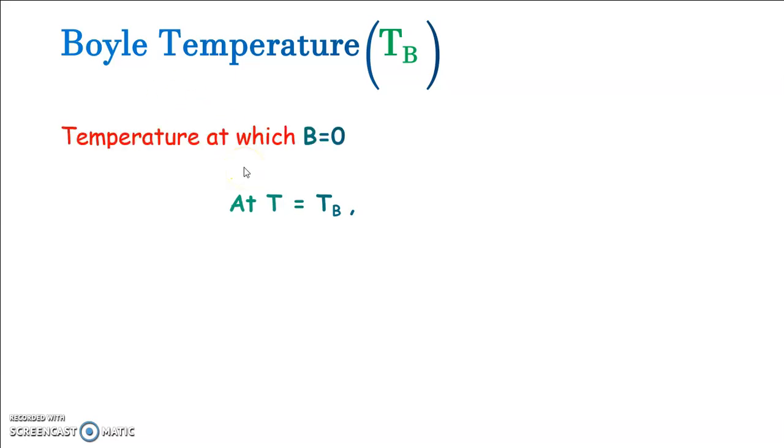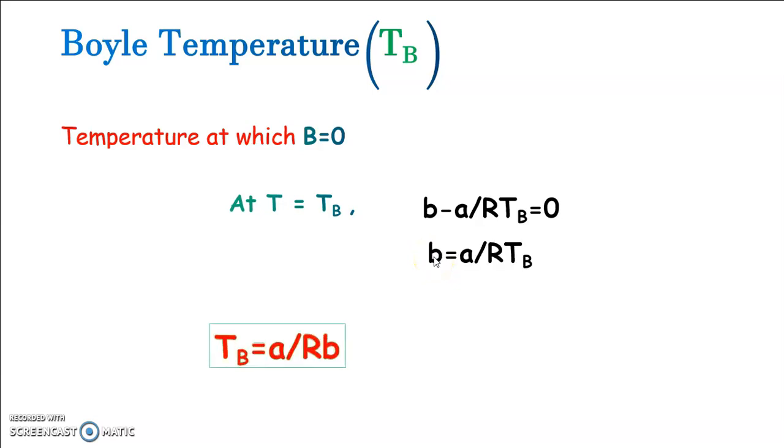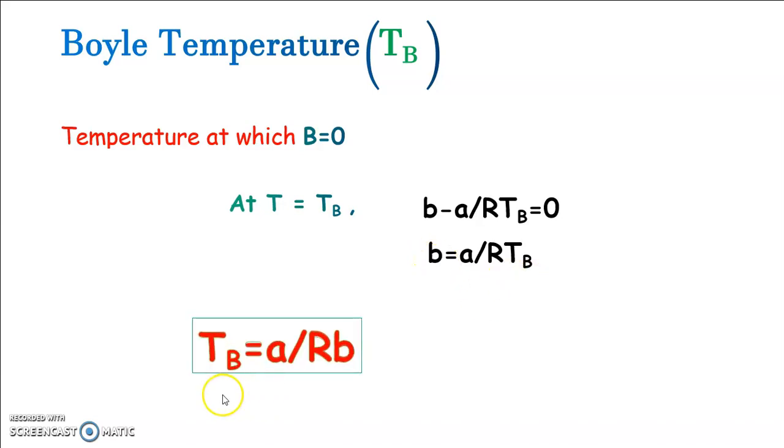That is, b minus a by R T_B. So at Boyle temperature, T equal to T_B. b minus a by RT equal to 0. Then b equal to a by RT. That is, T_B equal to a by Rb.